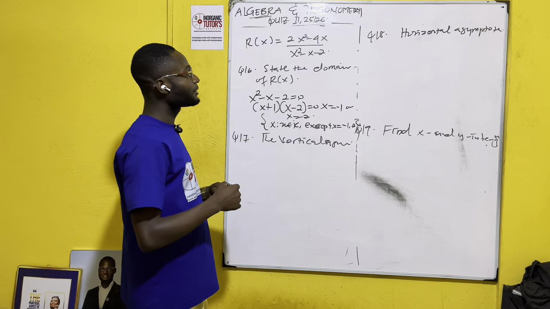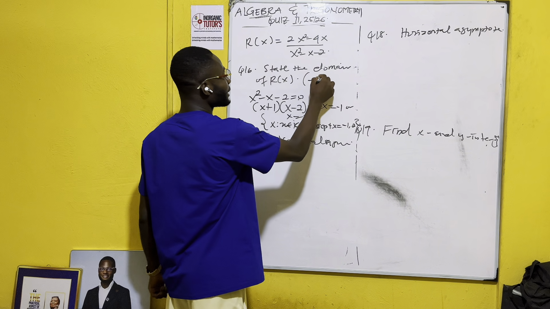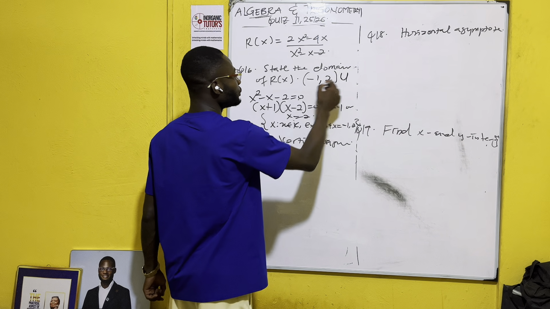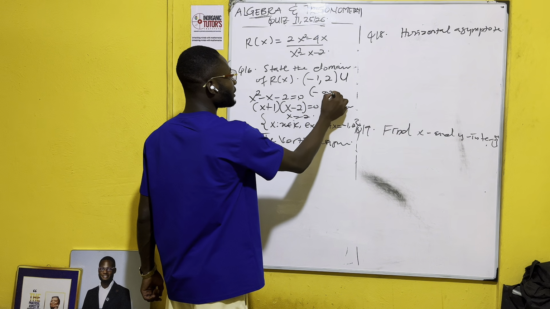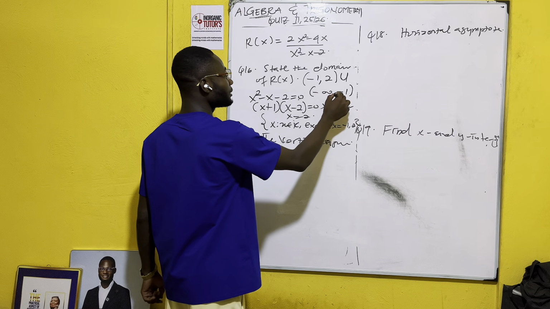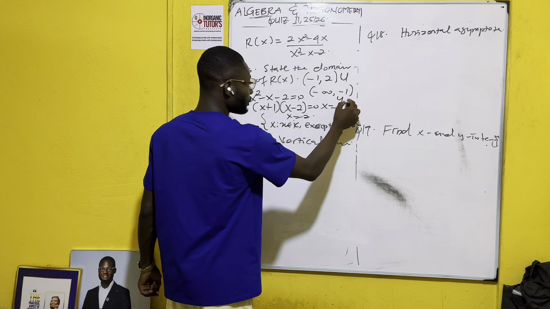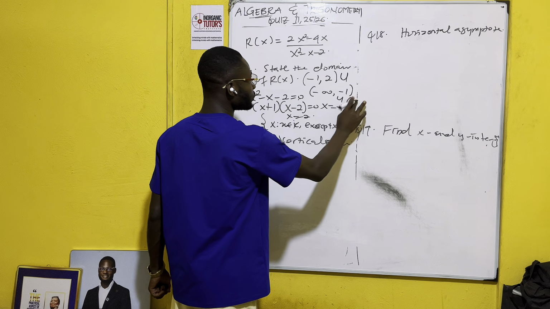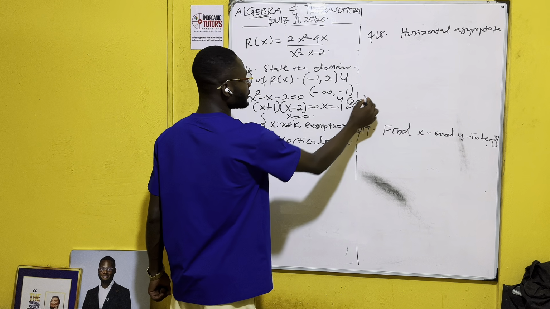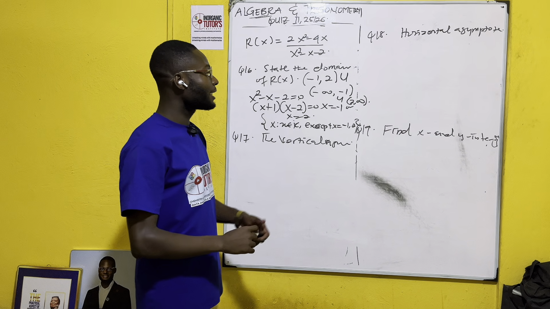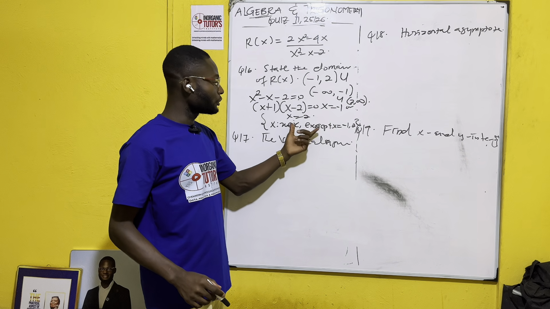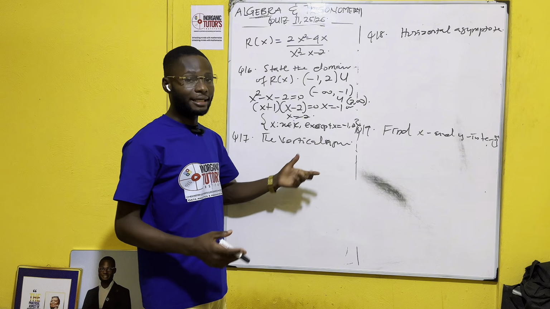Or you can equally state the domain as negative infinity to negative 1, union negative 1 to 2, union positive 2 to positive infinity. So you either state it in interval notation or use the curly bracket. Either way, it is accepted.